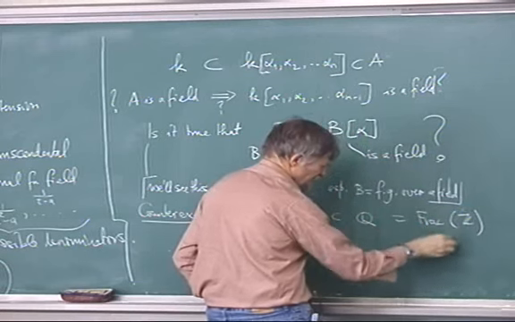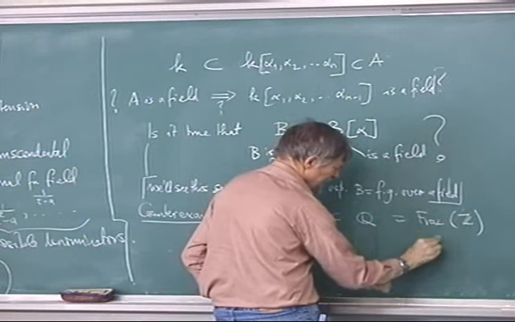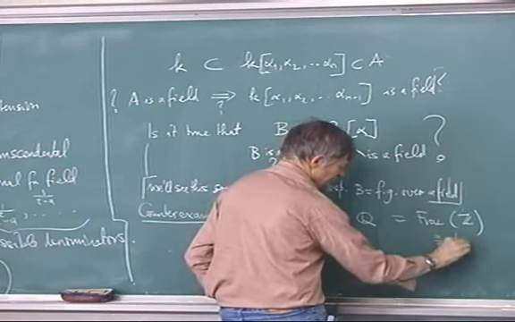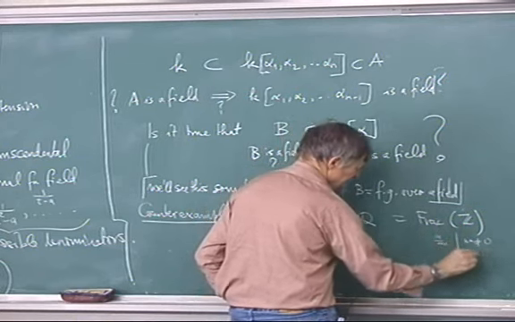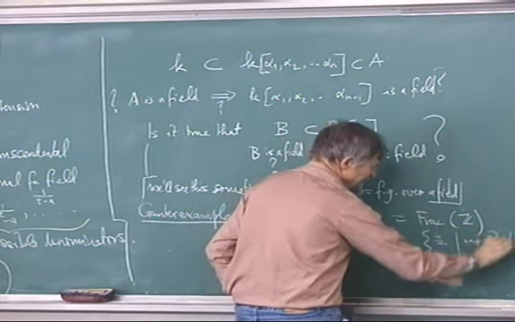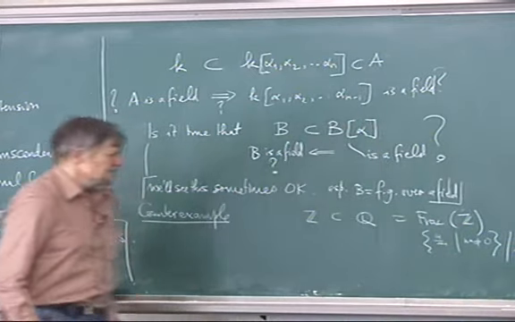So of course you know the construction. This is the set of all n over m such that m is not equal to 0, and an equivalence relation.